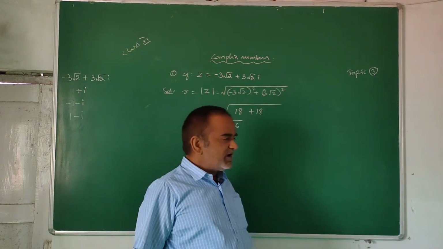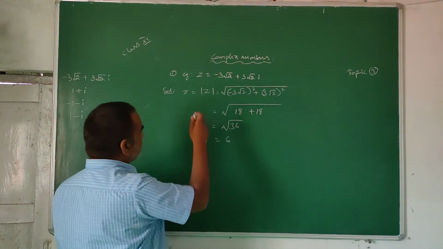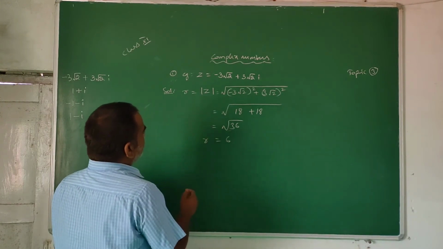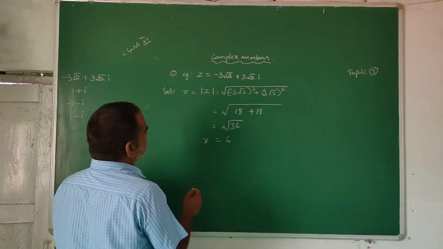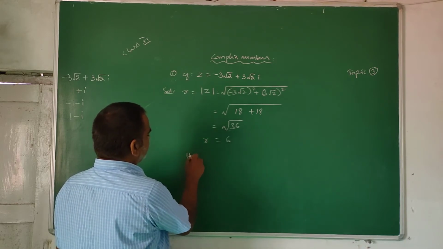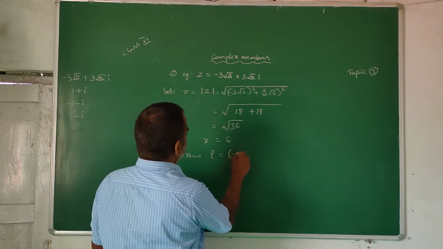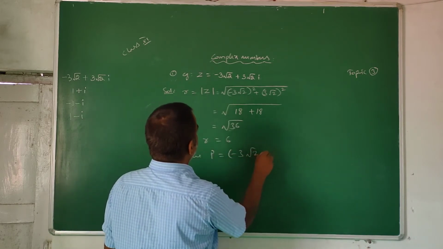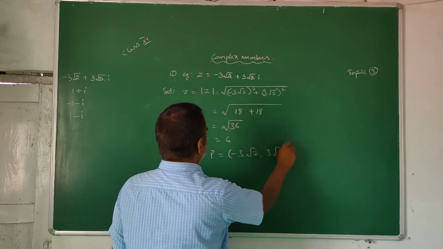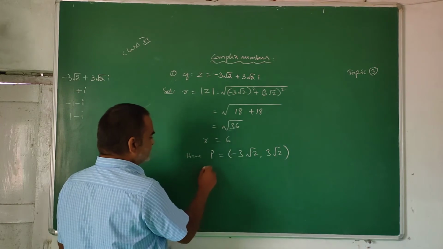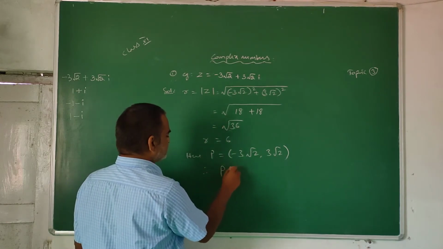Now you have to find the argument of z. Okay. Now the complex number z is equal to minus 3 root 2 plus i into 3 root 2. It is represented by the point P in the Argand plane, which is (minus 3 root 2, 3 root 2). Right? Now this is a point in the second quadrant.